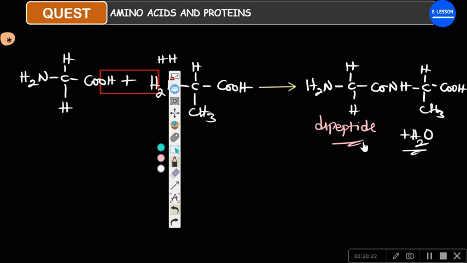Now, if a number of amino acids are linked by a peptide bond, a polypeptide is formed. A polypeptide chain has an amino and a carboxy end. Now, what we mean is, let's assume you have this kind of a thing. Then you have so many amino acids linking together.